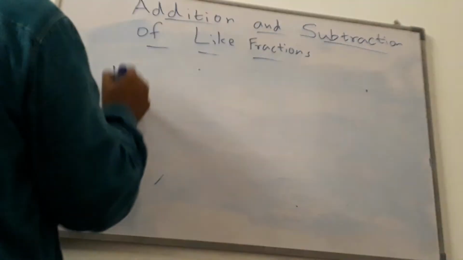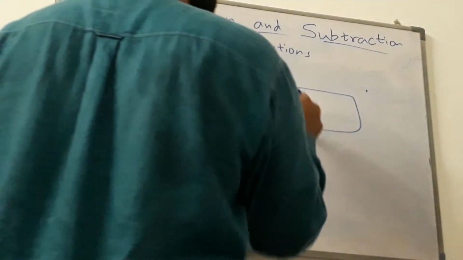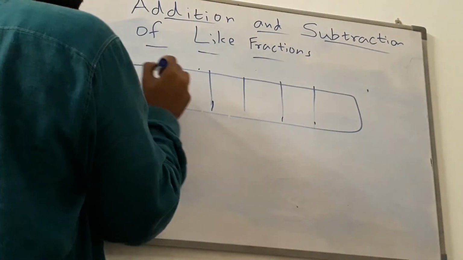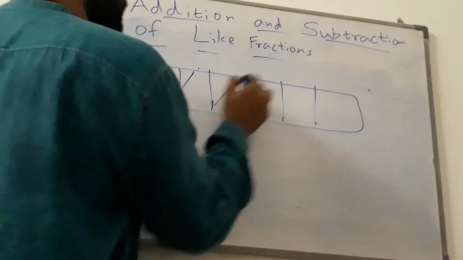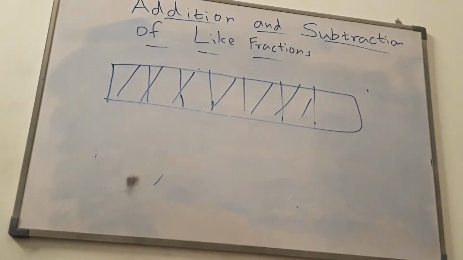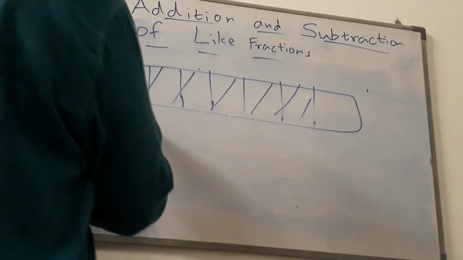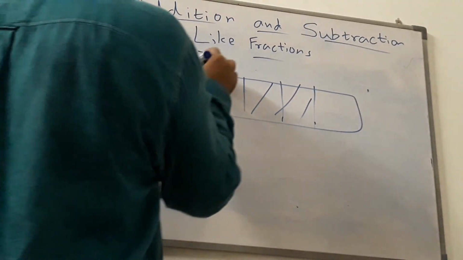Same as here. Okay, there are 7 equal parts. I colored 6 of those and I am going to remove some. So this is 6/7. I am going to remove 2.